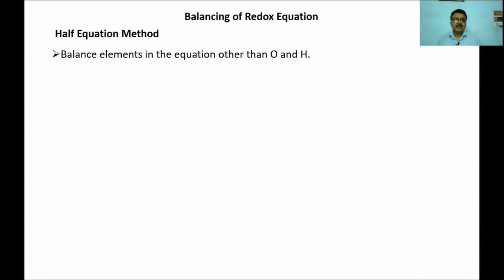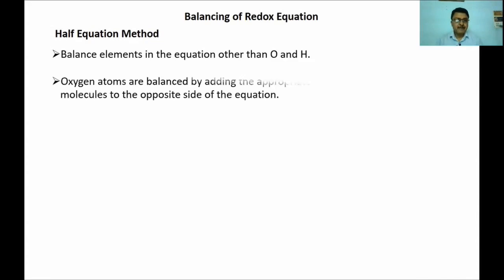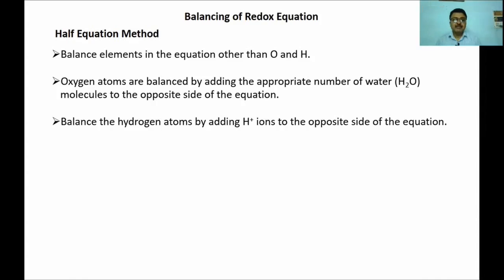Number one, balance elements in the equation other than oxygen and hydrogen. Number two, oxygen atoms are balanced by adding the appropriate number of water molecules to the opposite side of the equation. Number three, balance the hydrogen atoms by adding hydrogen ions to the opposite side of the equation.